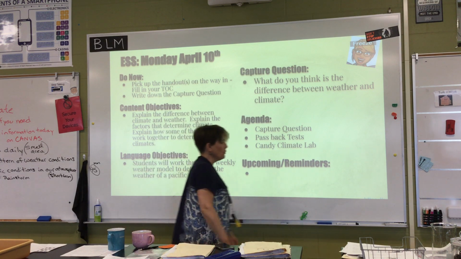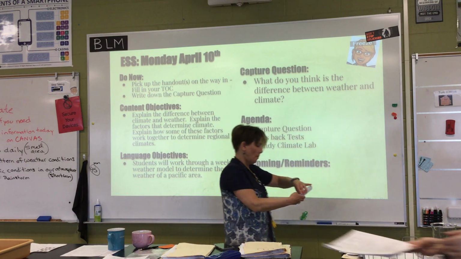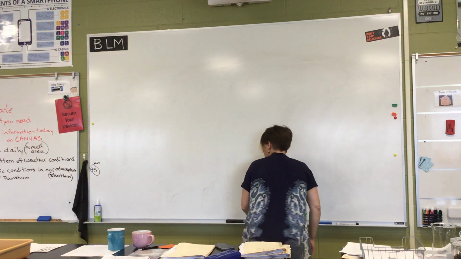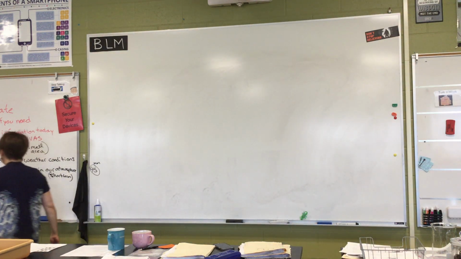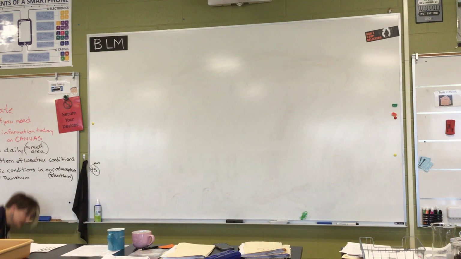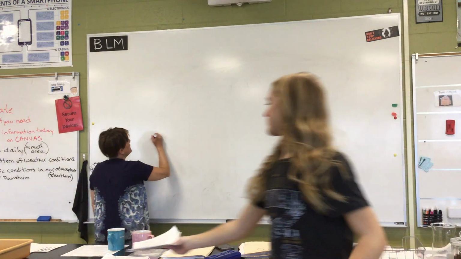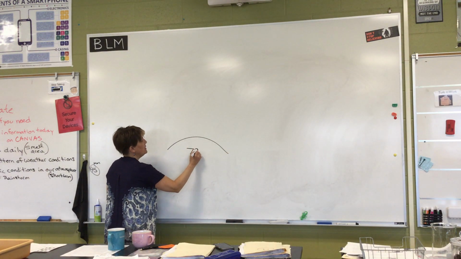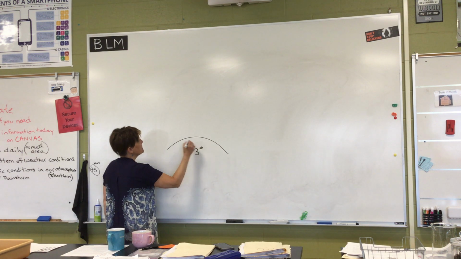Here's one thing I want to go over really quick. Let's imagine that you have a warm air mass. Let's say the warm air mass is here, and it is 73 degrees.